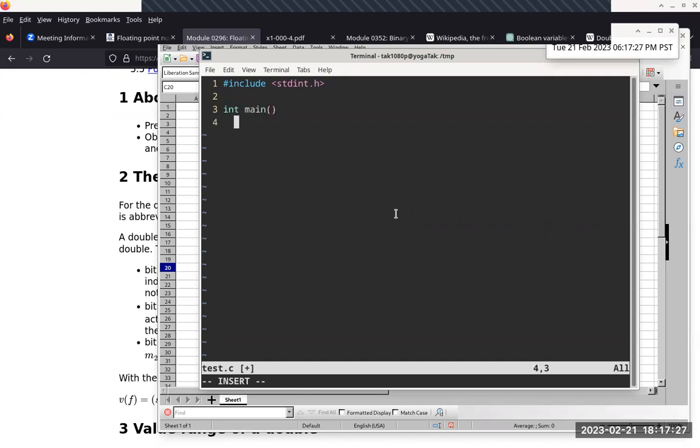Int main, there we go, uint64_t. This means I want an unsigned 64-bit integer as a type. And we'll call the variable x here. X equal to 0, because if I don't do this, the compiler is really smart and it will optimize the variable out of existence. So we'll do this, and then we'll say return 0. That's it. That's the entire program.